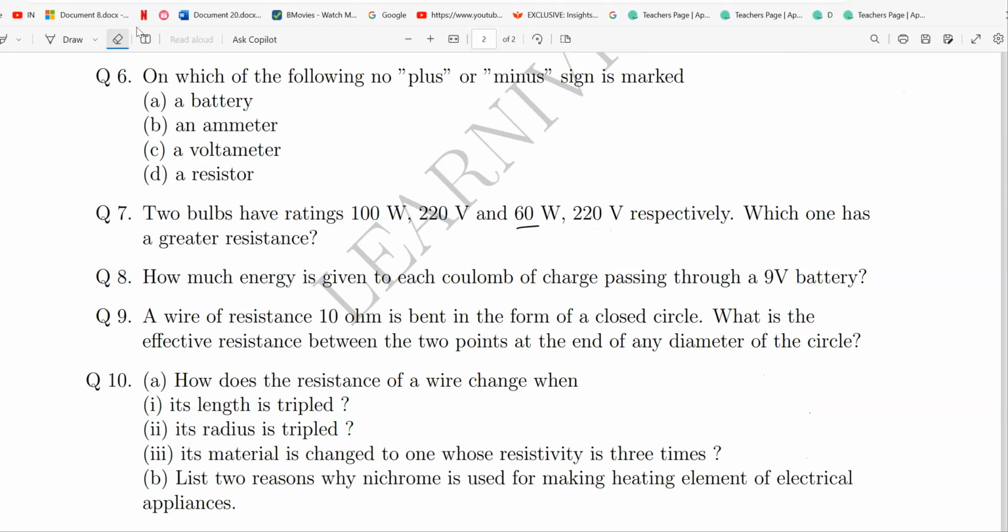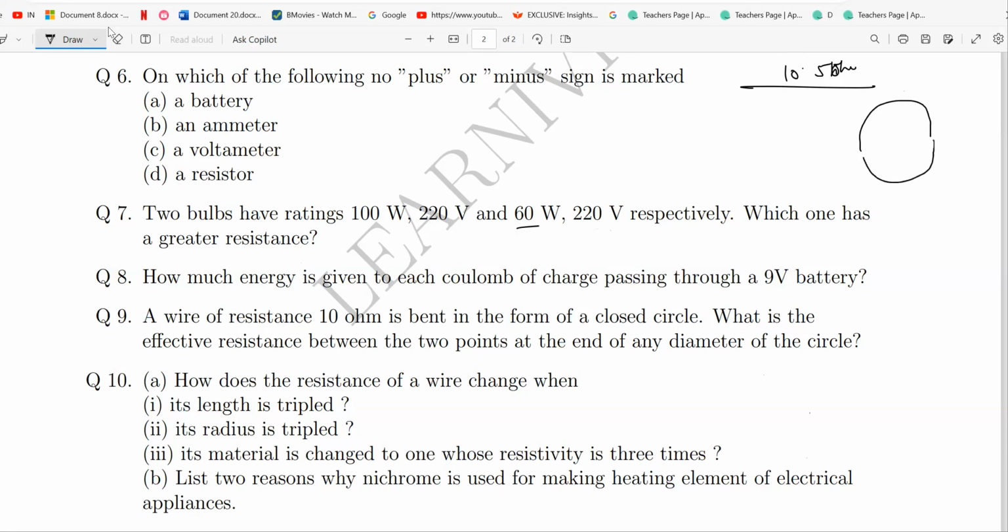Okay. So when it is saying that if you are going to have a wire, so let's consider that wire is going to have 10 ohm. So total wire of 10 ohm is bent. So when a wire of 10 ohm is bent, so when you bend it, it is like this. Half of the wire will be like this and half of the wire will be like this.